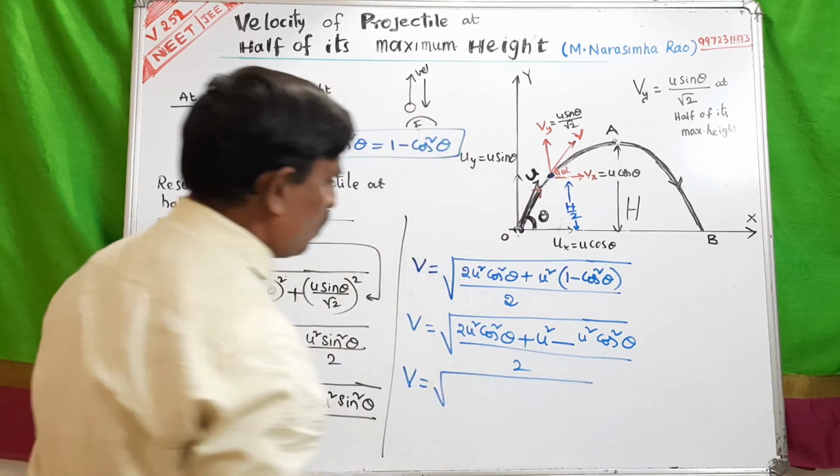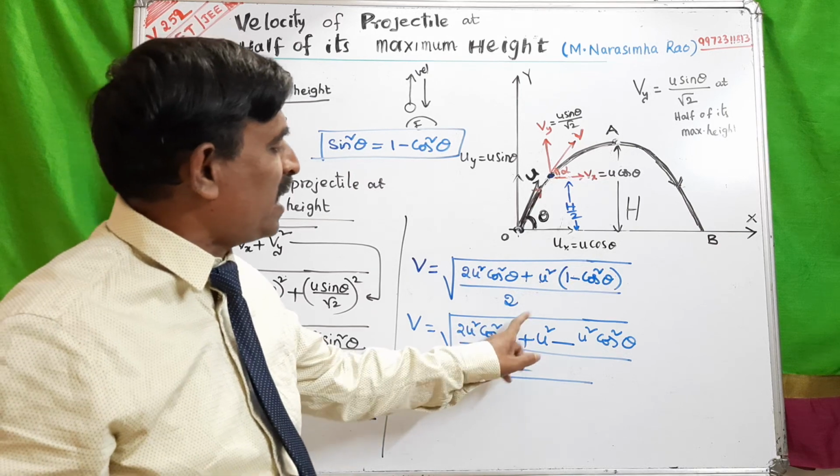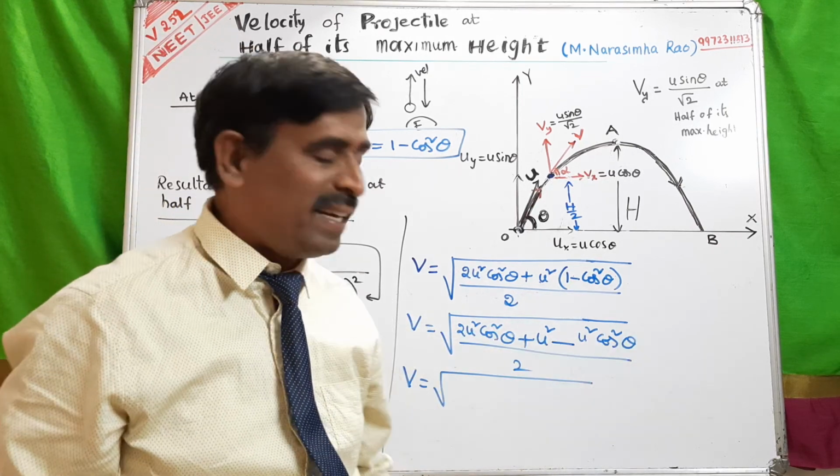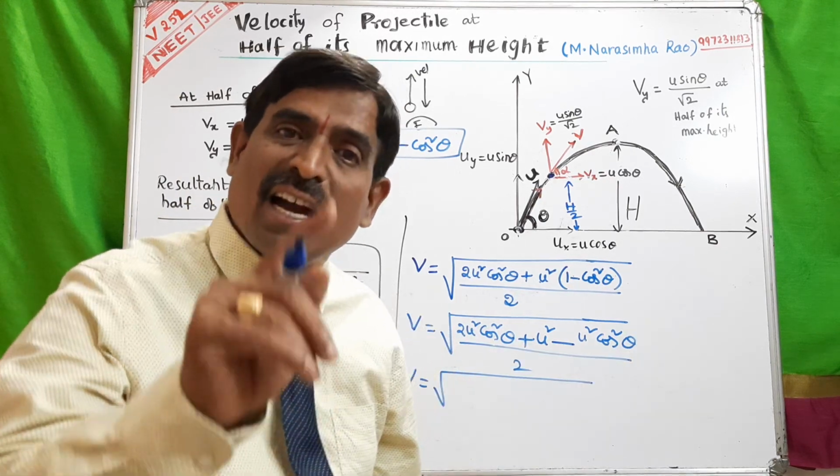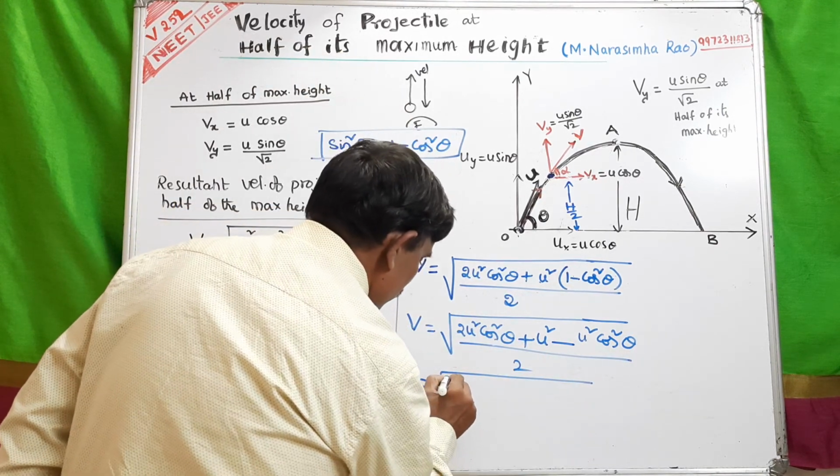V is equal to under root of 2u square cos square theta minus u square cos square theta.